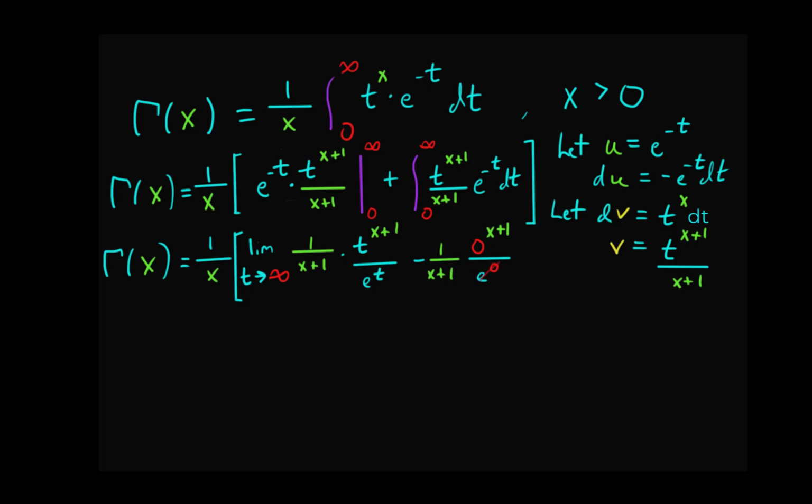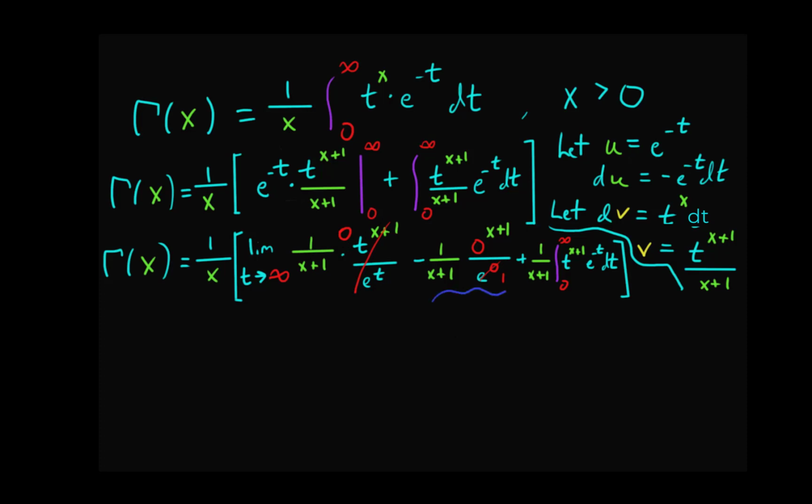E to the 0 just equals 1, so I'll cross that out. Plus, I'll factor out that constant term, 1 over x plus 1, times the integral from infinity to 0 of t to the x plus 1 times e to the negative t dt. I'm sorry if that looks a little cramped. I hope it's clear. And now we can evaluate what's in this bracketed expression.